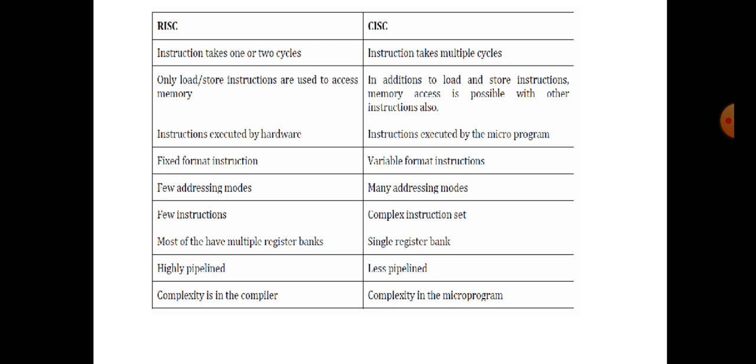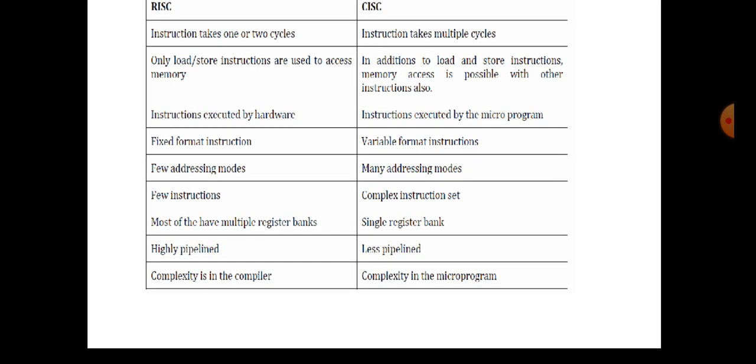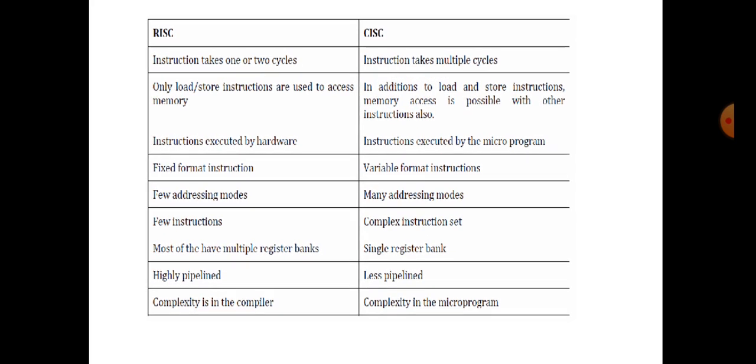So in normal instruction execution, first the instruction has to be read, decoded, and then executed. After completing the first instruction, it has to read the next instruction from the memory. Means after executing the earlier instruction, it has to fetch the next instruction.